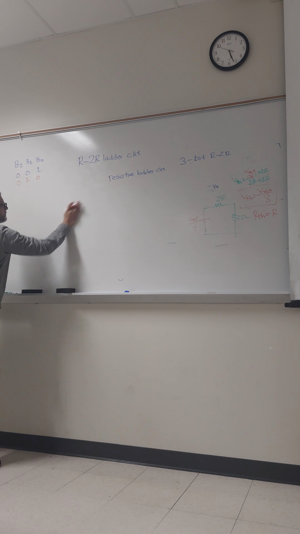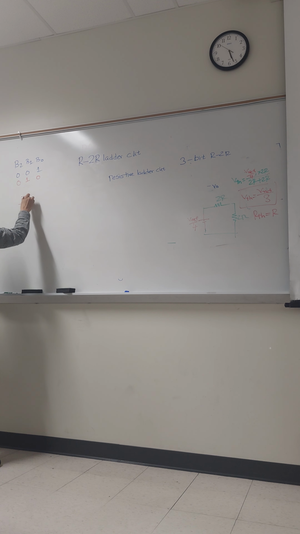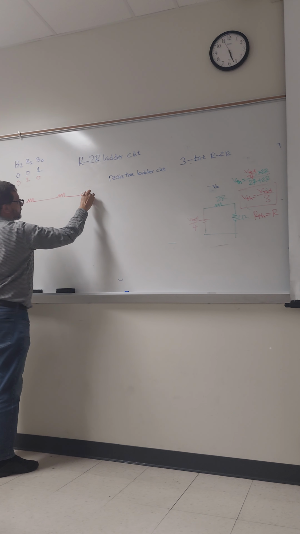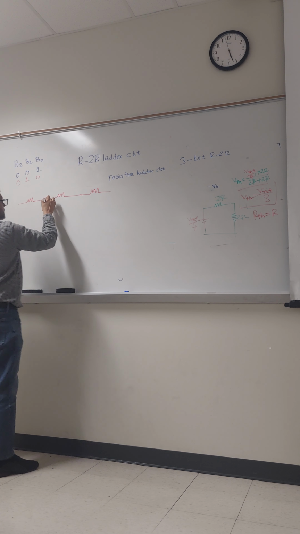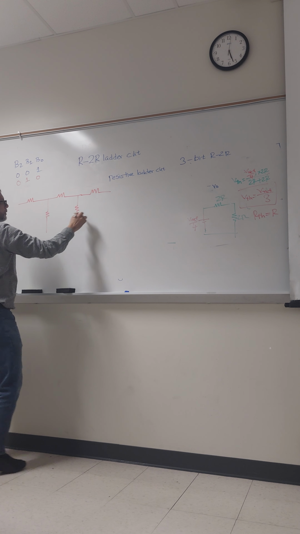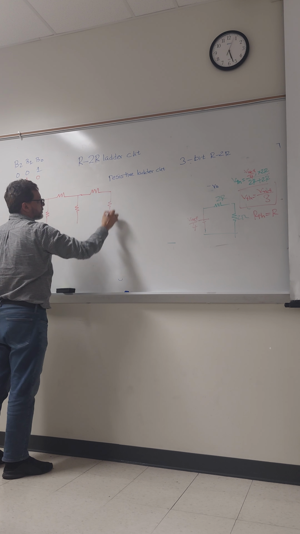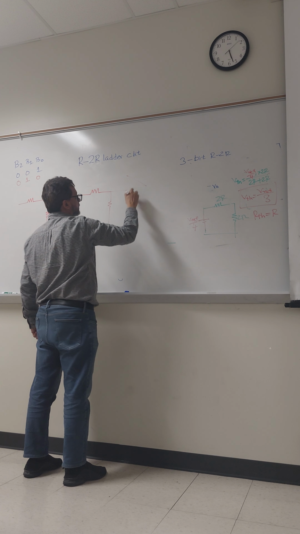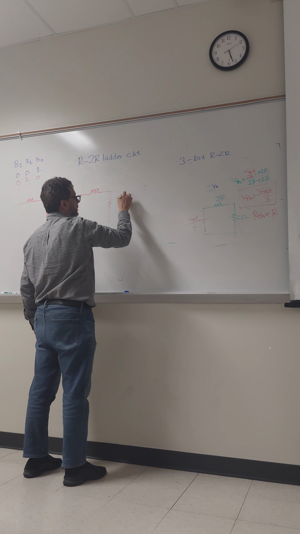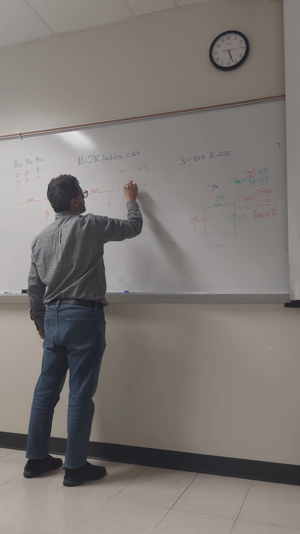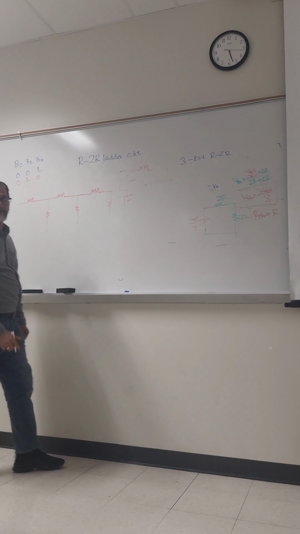Let me draw again. We have this resistance twice R. Then we have something this way. This one. Right?